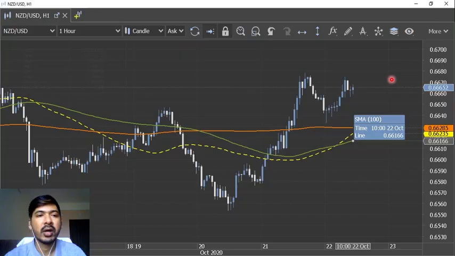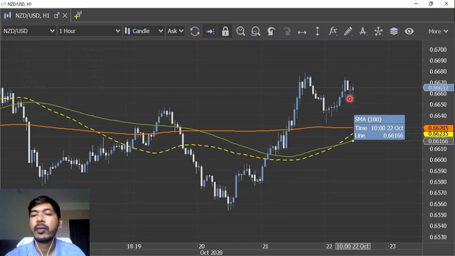So coming to the 4 hourly chart, if we want to pinpoint the entry point, I think we will have to rely on this confluence of 50, 100 and 200 SMA. We have these SMAs concentrated around 0.6630 or below that, and right now the price action is far away.